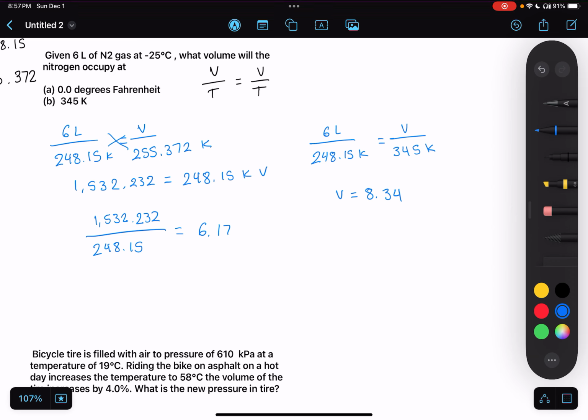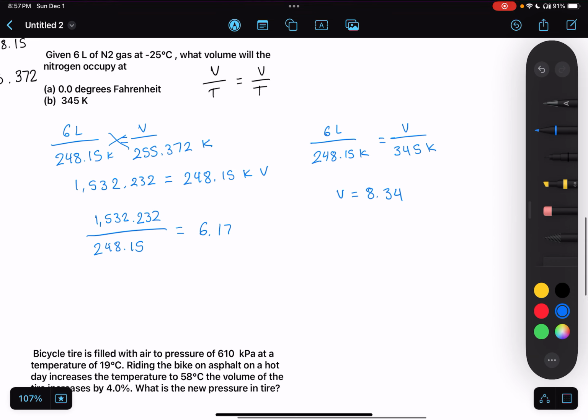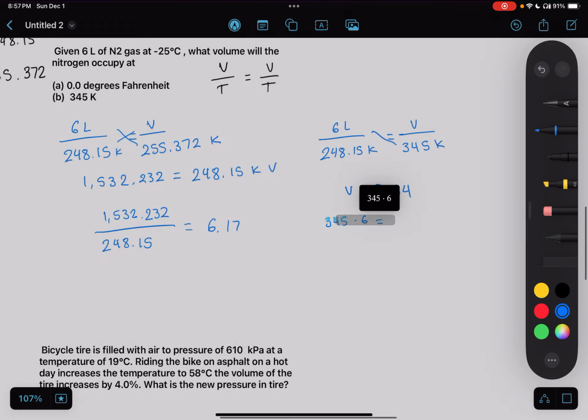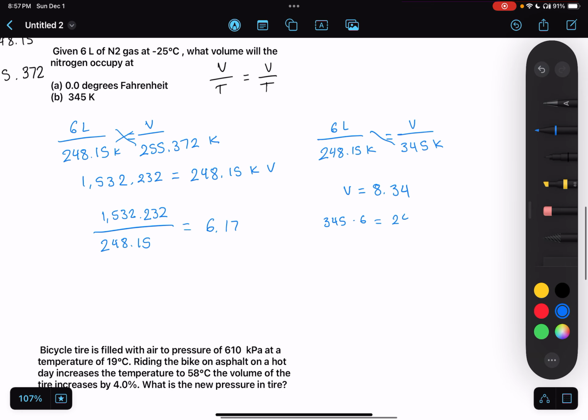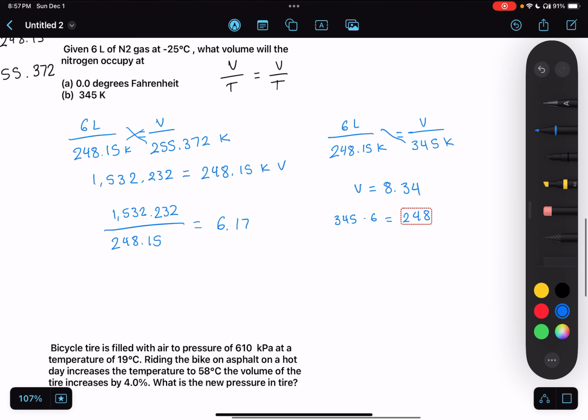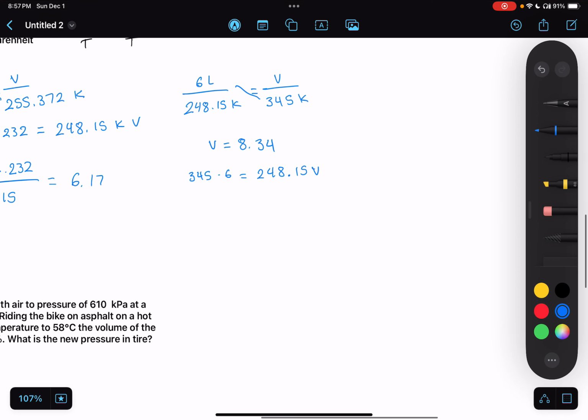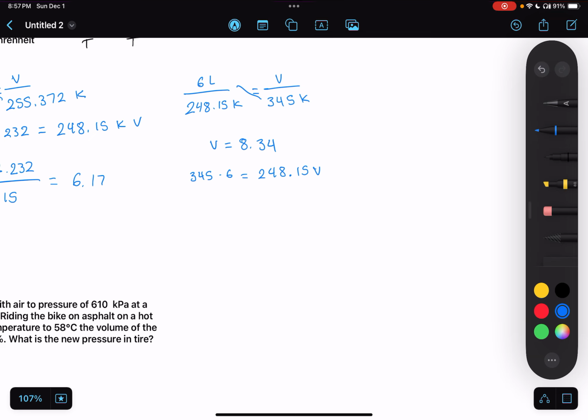If y'all want to see that, same thing, guys. 345 times 6, it's just a cross multiplication, is equal to 248.15 V. This 345 times 6 equals 2070. If we divide that by 248.15, that gives us 8.34.